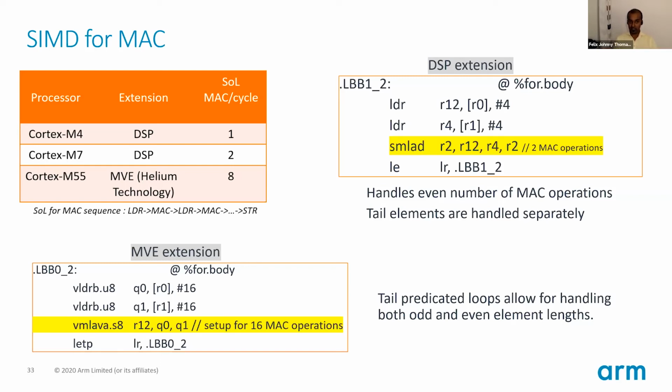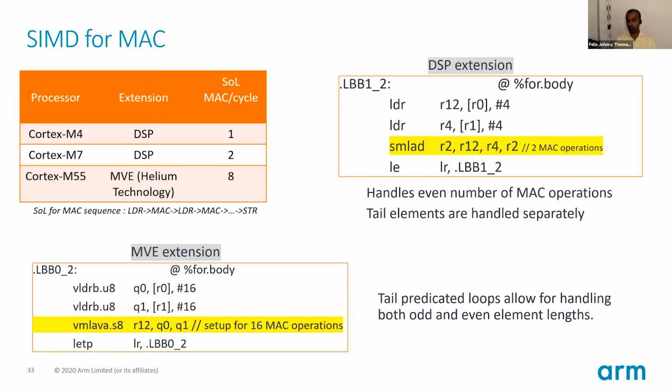Whereas if you take the MVE extension or the vector extension that you have for the latest Cortex-M55 processor, you do a vector load and a vector multiply accumulate instead. This instruction operates on 16 MAC operands, even though it does just 8 MACs per cycle.